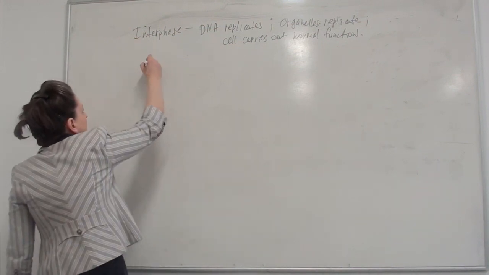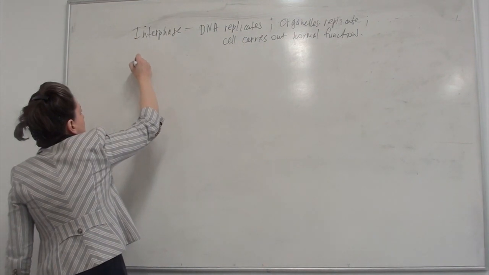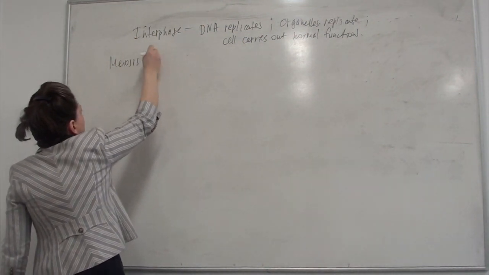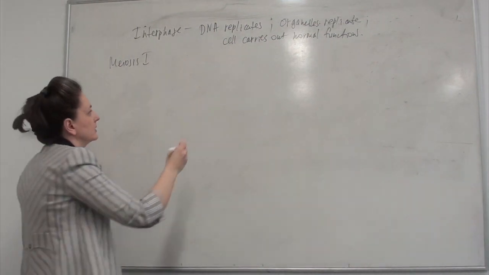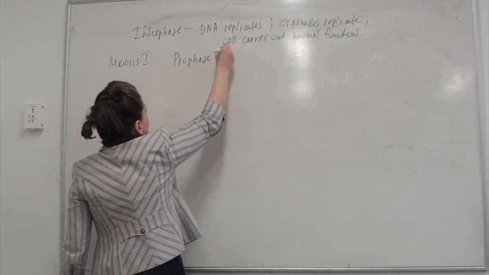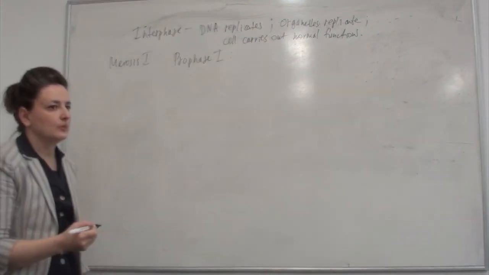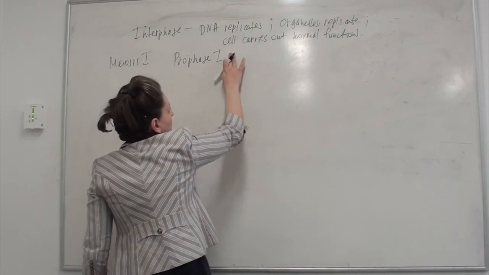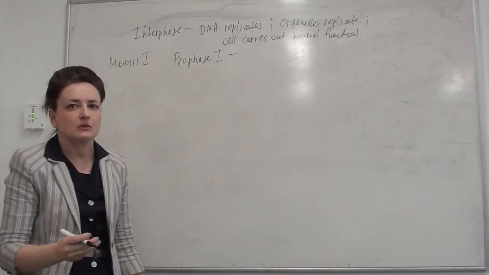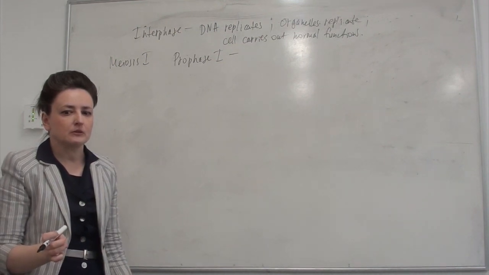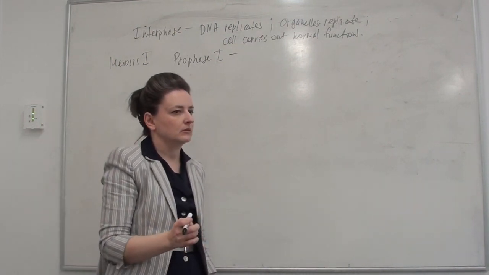So then we go into the first division, meiosis 1, and the first stage of that division is prophase 1. What's going to be happening in prophase 1? Let's think about what would normally be happening in mitosis in prophase. What are the typical events of prophase?